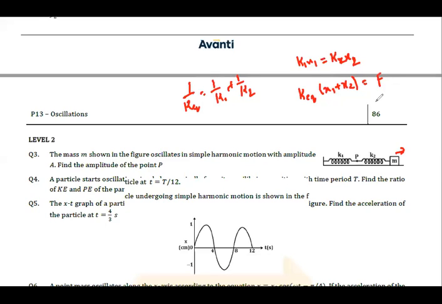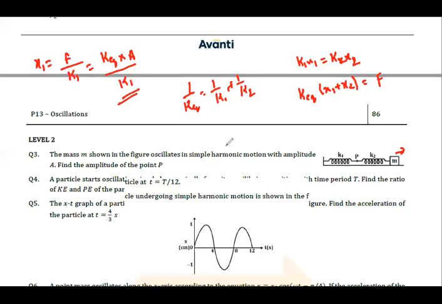Now, what do you have to find in this problem? Amplitude of point P, which is the displacement of K1. So I want to find x1. x1 will be F divided by K1, and F is K equivalent into amplitude, divided by K1.